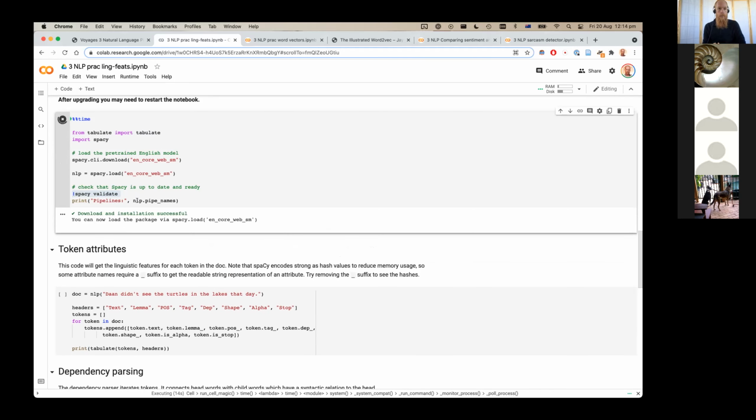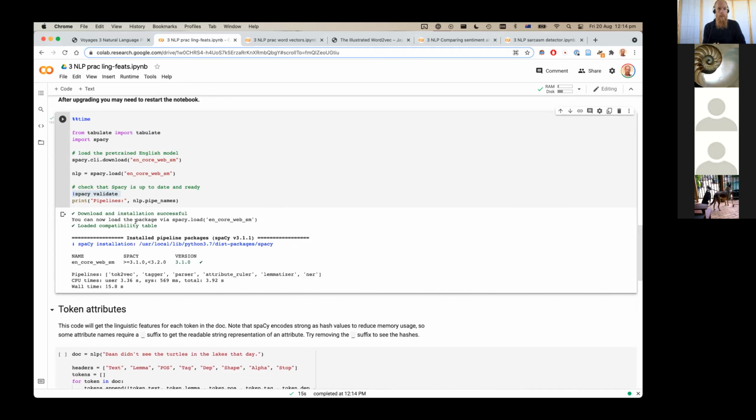So the data has downloaded, and we have some information about where spaCy is installed on the virtual machine, and we get version information. So we're using version 3.1. Here, the pipeline information tells us that we have access to some different NLP tasks: tok2vec, tagger, parser.